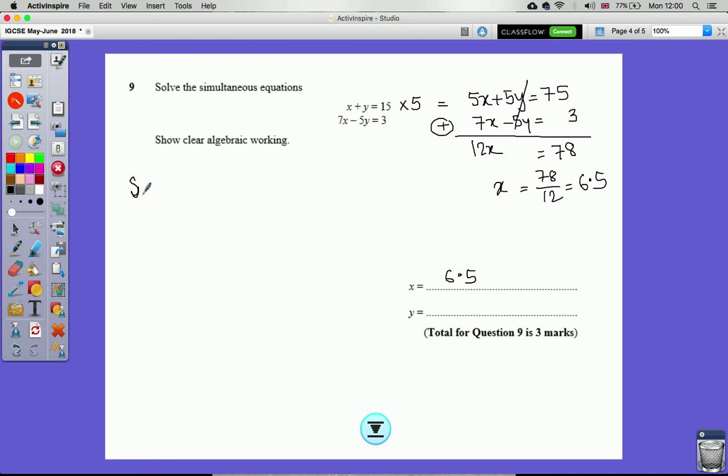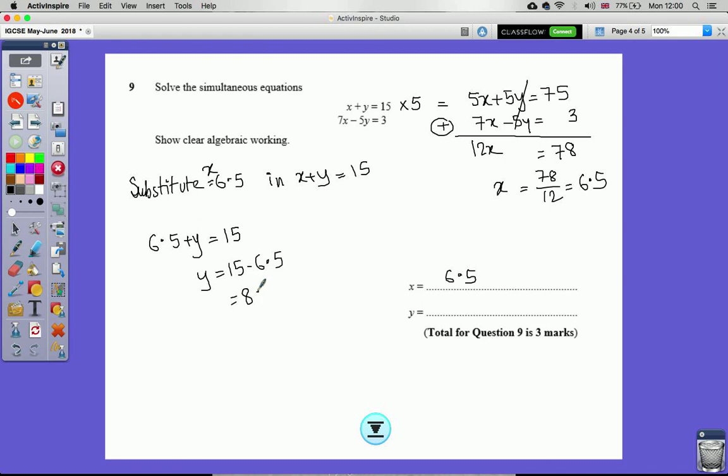So I'm going to write substitute x equals 6.5 in x plus y equals 15. So I'm going to write 6.5 plus y equals 15. y equals 15 minus 6.5, which is 8.5. So y is equal to 8.5.